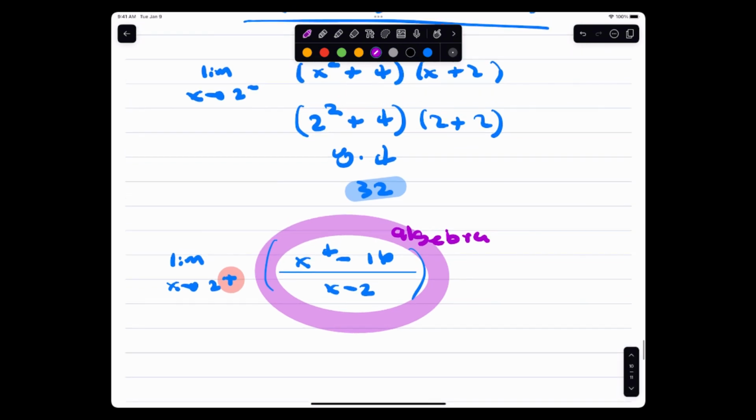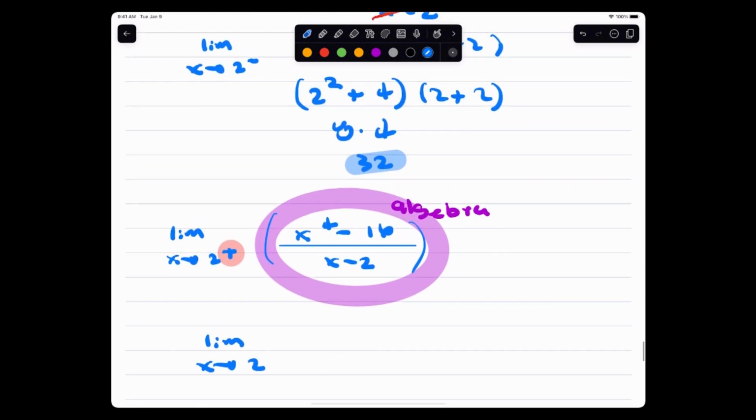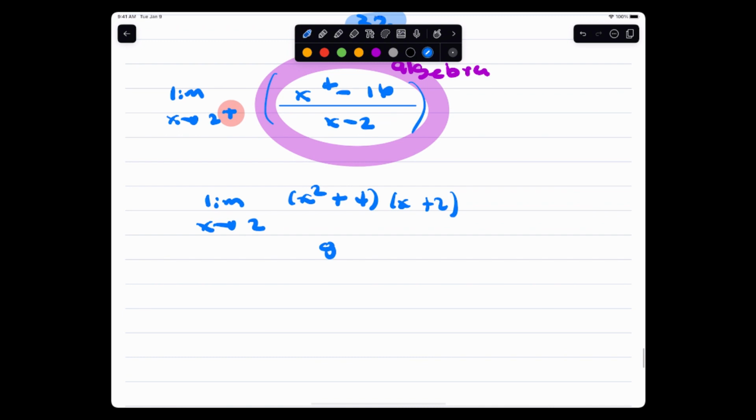So you're going to end up with, again, the limit that x goes to 2 over here, x squared plus 4 times x plus 2. And what do you think you're going to get if you do the algebra? Isn't that the same? Oh, man. So, ladies and gentlemen, left-hand limit equals the right-hand limit. What's your conclusion?